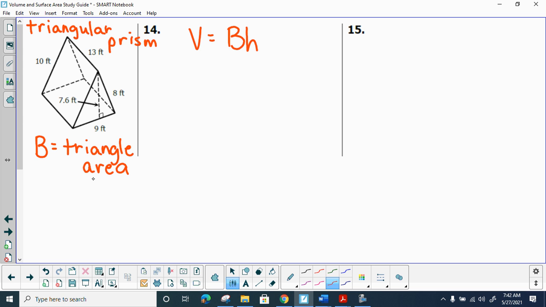So we need to find the area of one of those triangles. So for this triangle, its base, little b, is 9. Its height, perpendicular to its base, is 7.6.